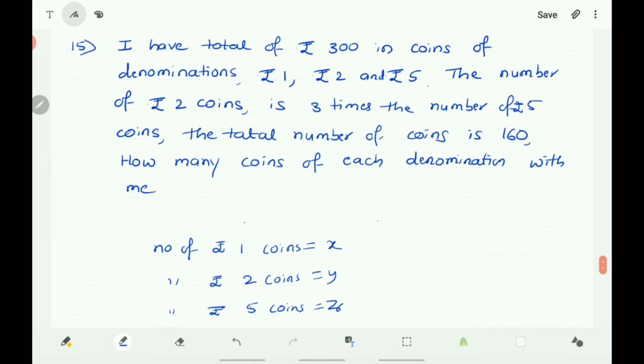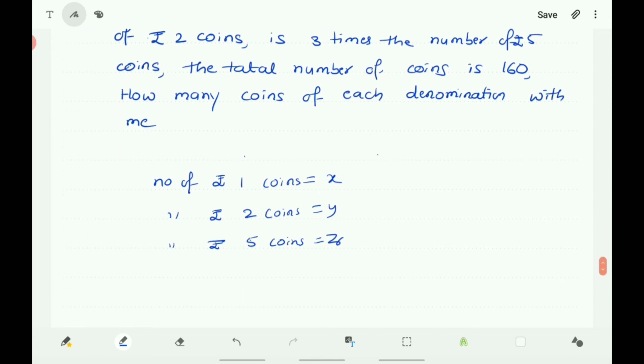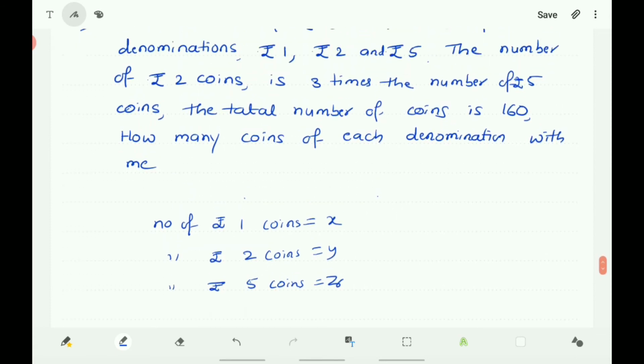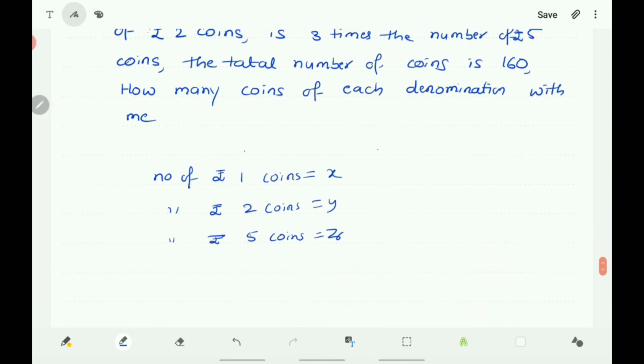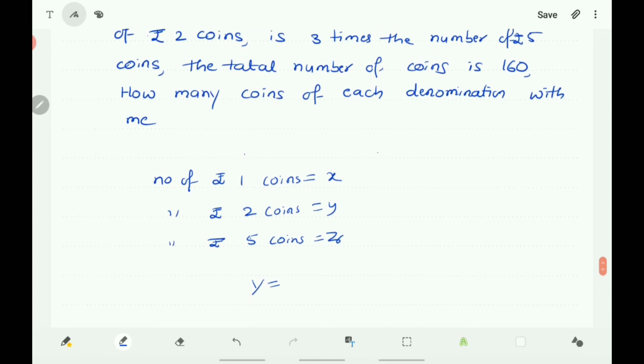Now here the relation between the number of 2 rupees coins and number of 5 rupees coins is given, that is number of 2 rupees coins is 3 times the number of 5 rupees coins, that is y is equals to 3 times the z.